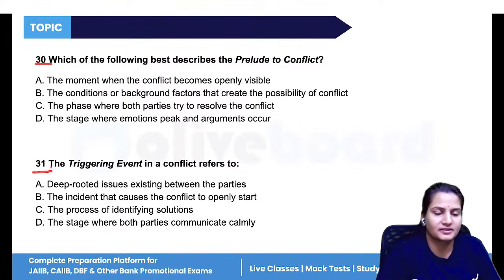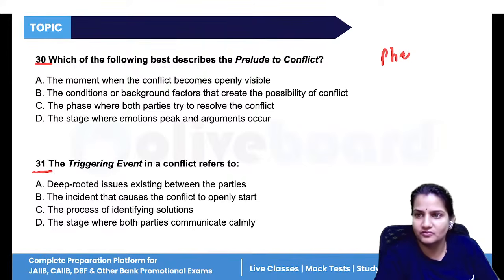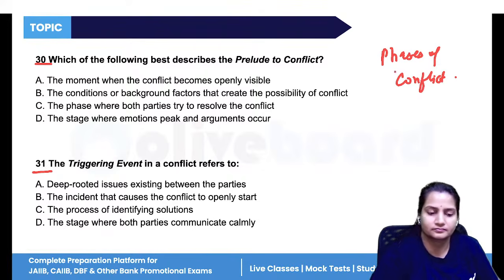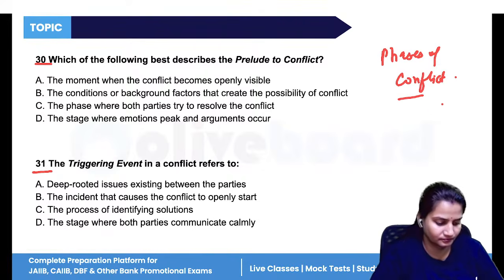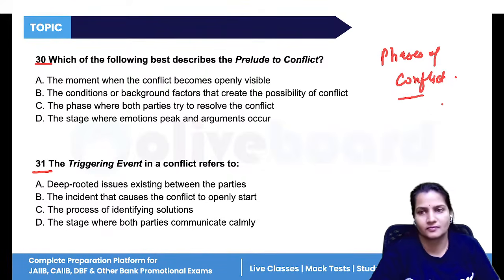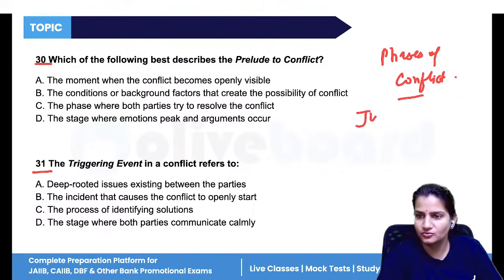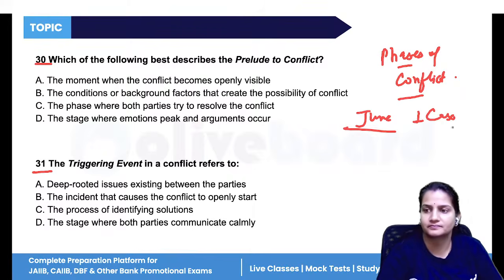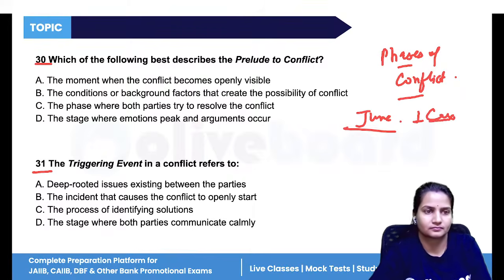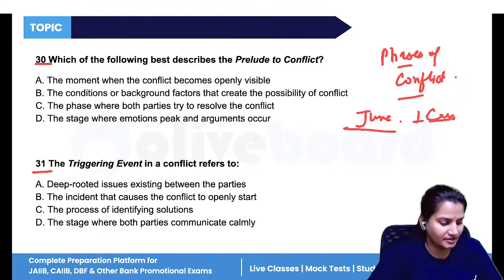Now next, 3031. This is the question from your phases of conflict. In your June exam, one case study was there from phases of conflict.